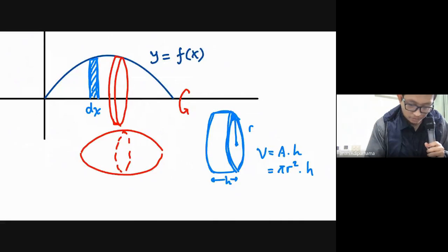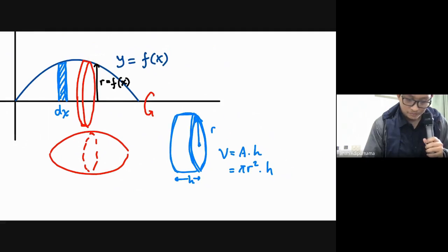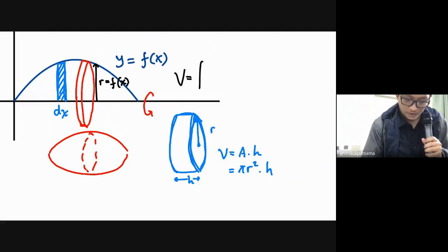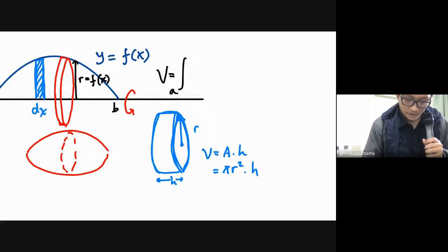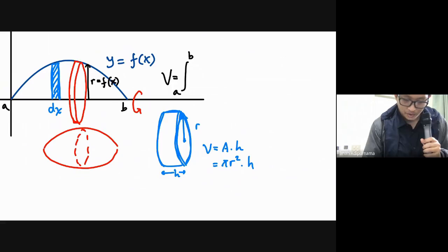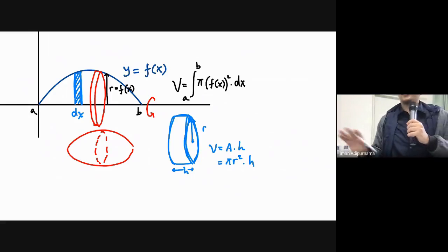Let me mark this as r is the function of x. So the volume is the integration from a to b of pi f(x) squared dx. This is the basic concept to understand the volume.